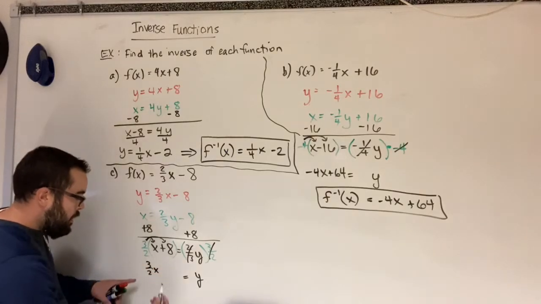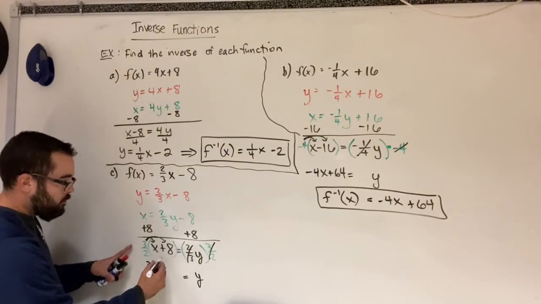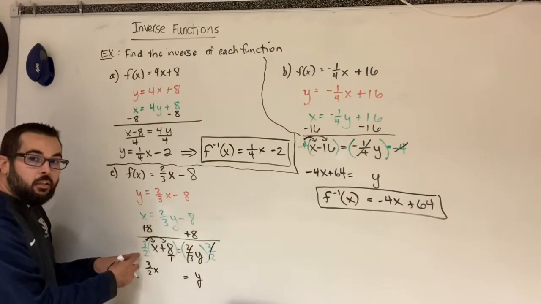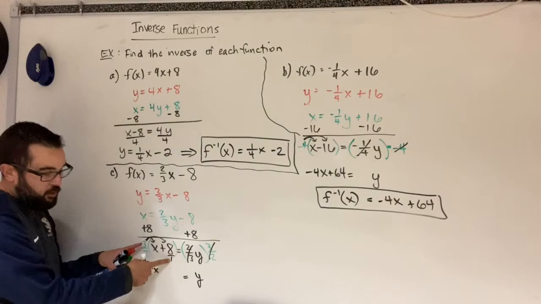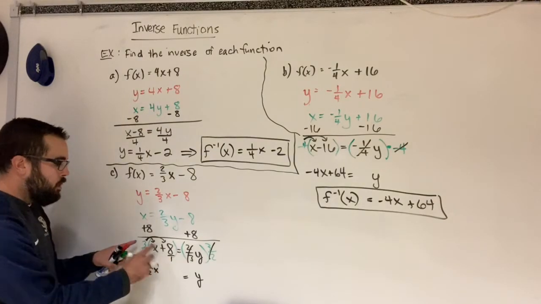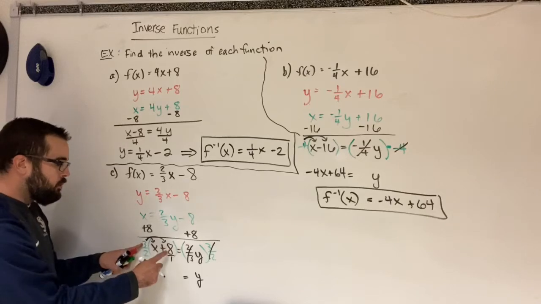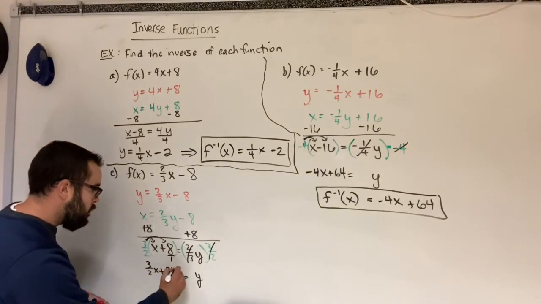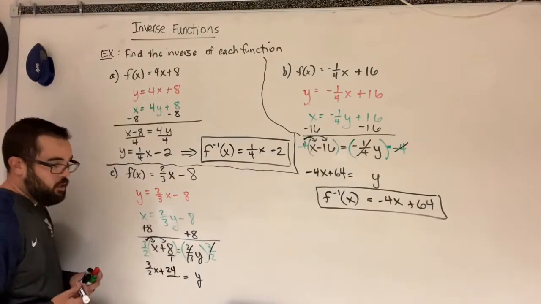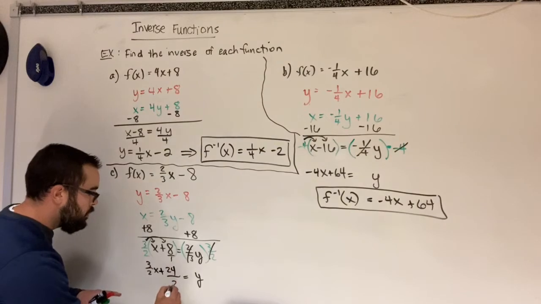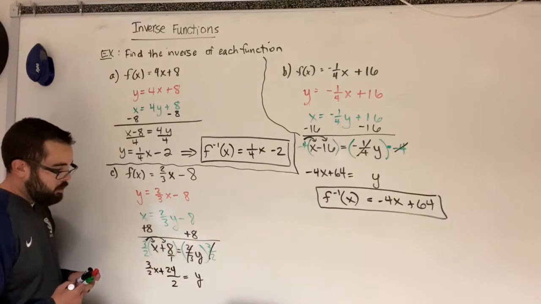3/2 times 8, well, this is like 8/1, and when you're multiplying a fraction by another fraction, I've made this 8 a fraction by putting it over 1. Multiply numerator times numerator, so 3 times 8 is 24. And 2 times 1 is 2.